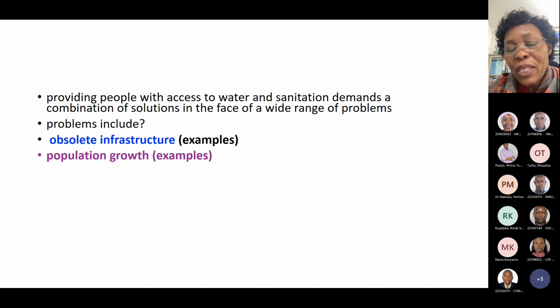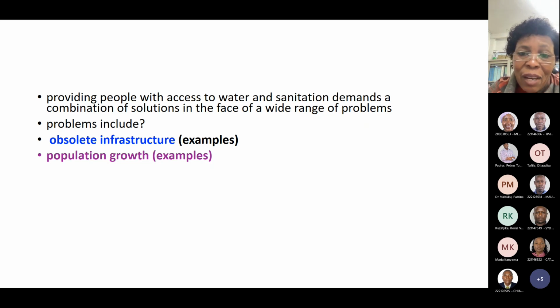But in the context of today's seminar, I would say population growth is one of the challenges to access to water and sanitation, because even countries whose economy is better within Africa, and SADC in particular, the rate at which they can expand infrastructure or put up new ones to accommodate an increasing population doesn't happen very frequently.